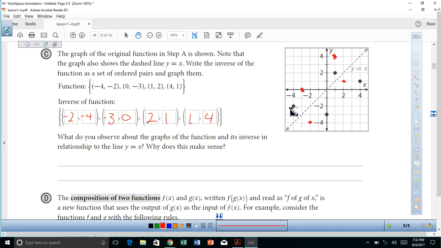Okay? So this point is the inverse of that point. That point is the inverse of that point. And there we go. Notice that they are the same distance from this y equals x line.